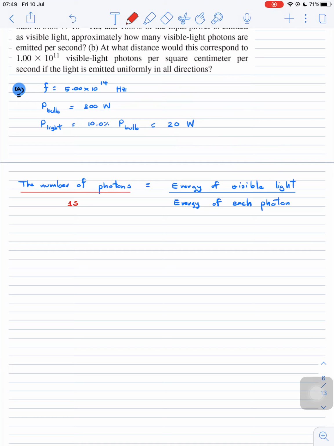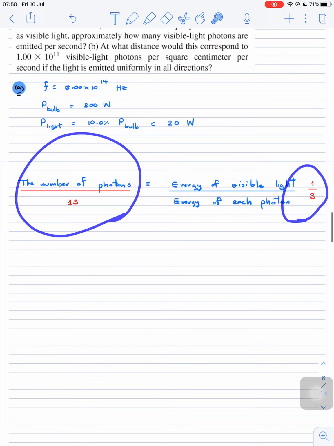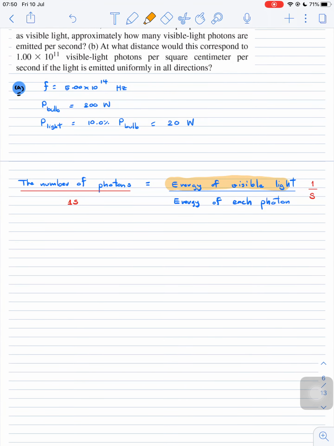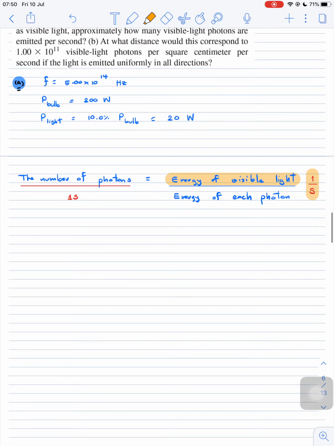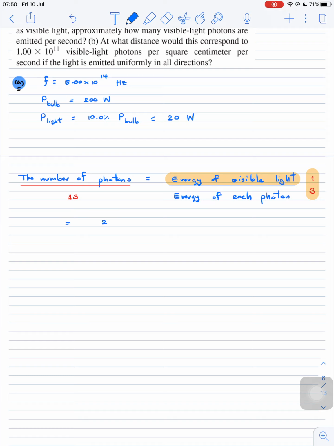On the left we have the energy of the visible light per second, which is just the power of the visible light, 20 watts.